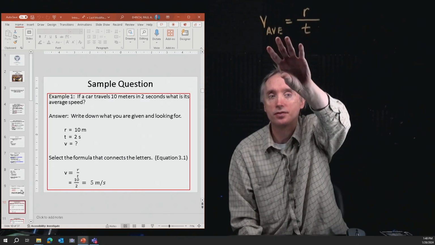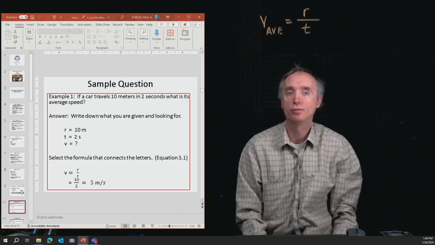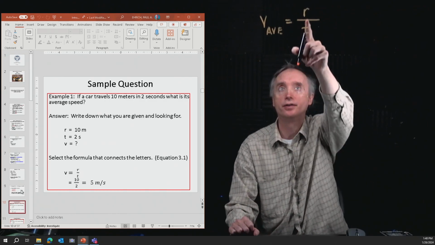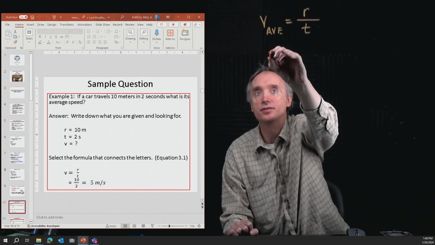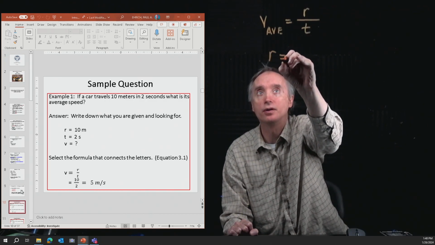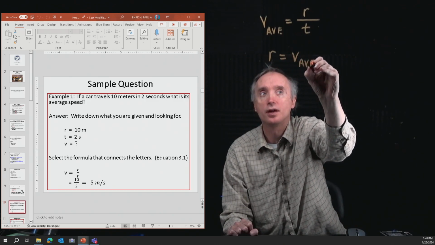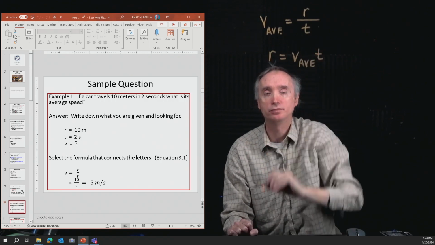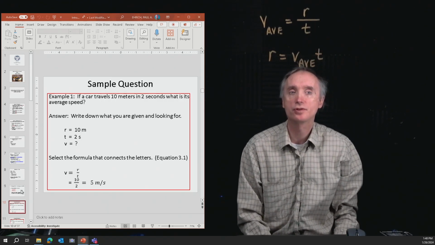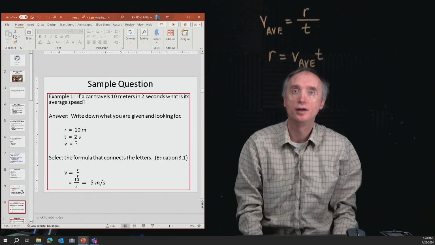But notice that this equation could be written 3 different ways. So if we wanted to write it for r, then this equation would be that r is equal to v average times t. So that's another version of this same equation.